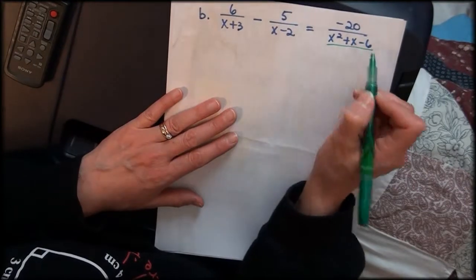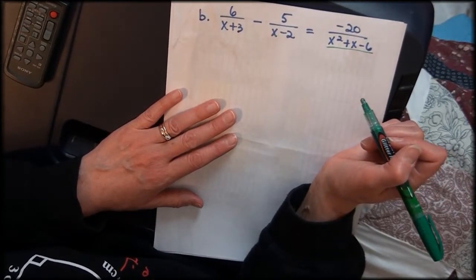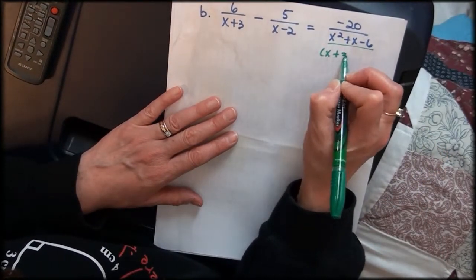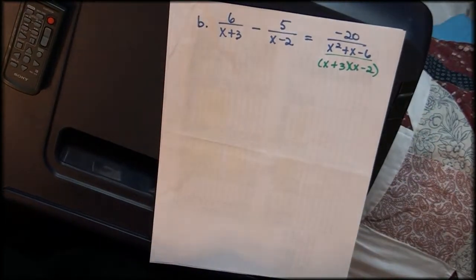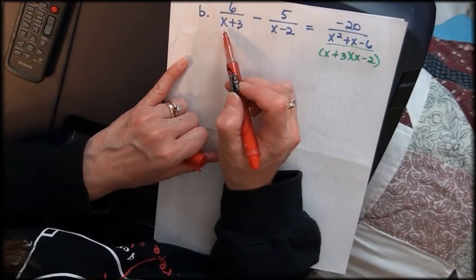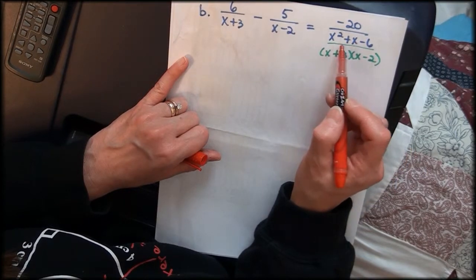But I look at this denominator here and I say, well, if I could factor it, maybe that would lead me to the LCD. Well, this denominator factors as an x plus 3 times an x minus 2, which is pretty handy because now I look at the whole thing and I say, well, if I would multiply everything by this LCD, that would completely cancel out this denominator.